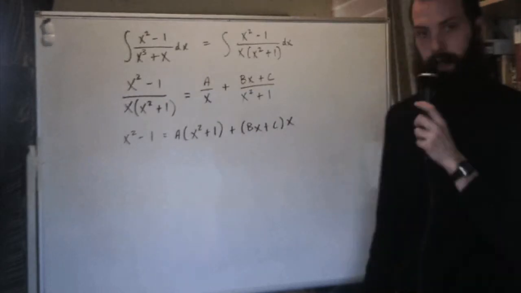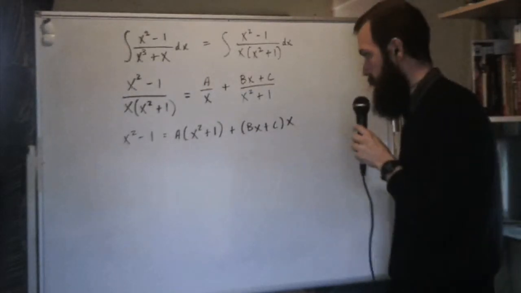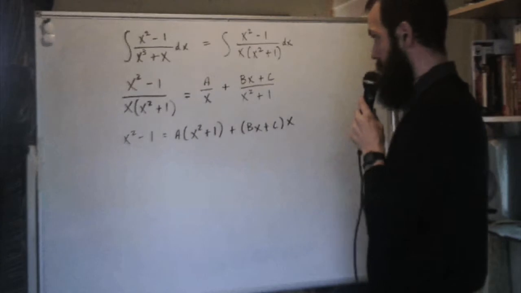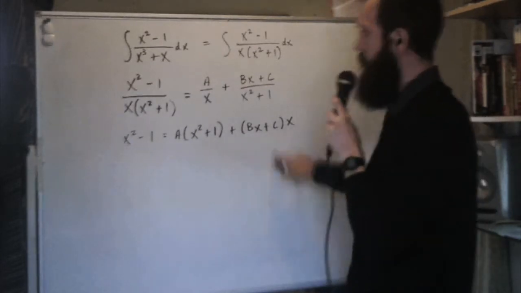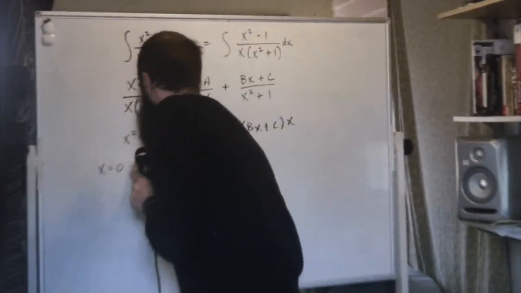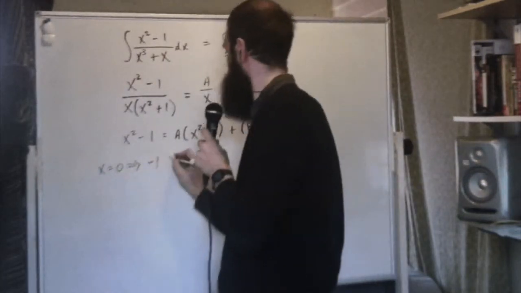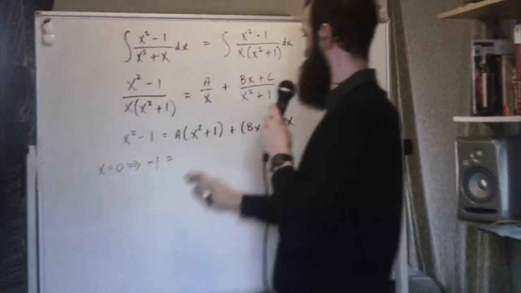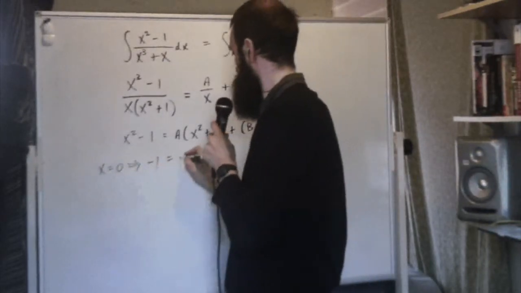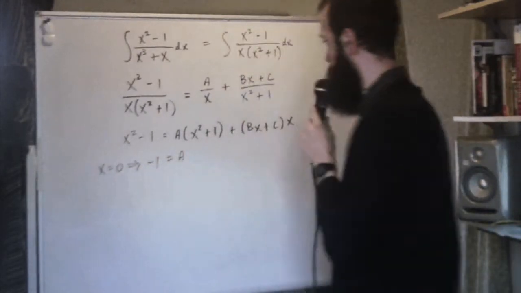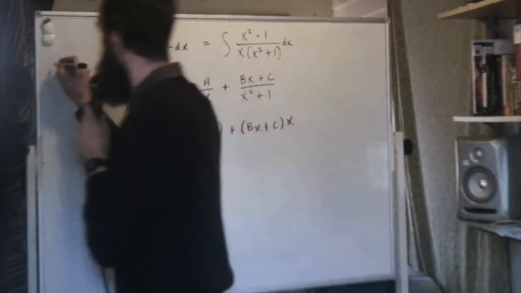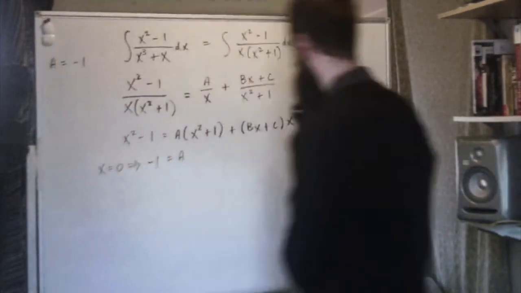And let's start choosing x values to solve for these variables. Let's start with x equals 0. Both of these will get knocked out. 0 minus 1, negative 1, equals 0 plus 1 times a, so equals a. a equals negative 1. Great.